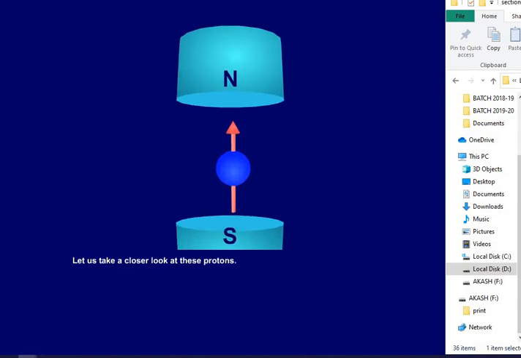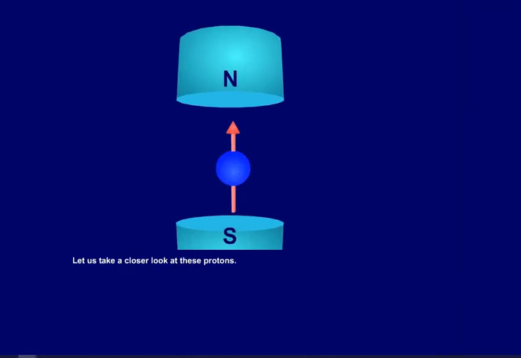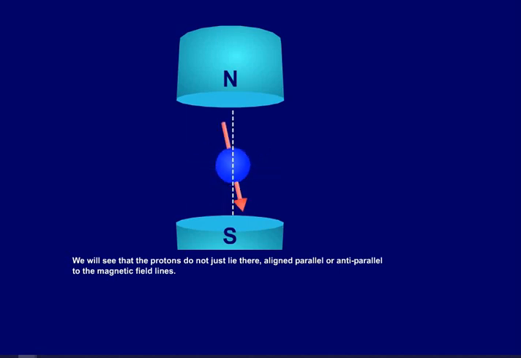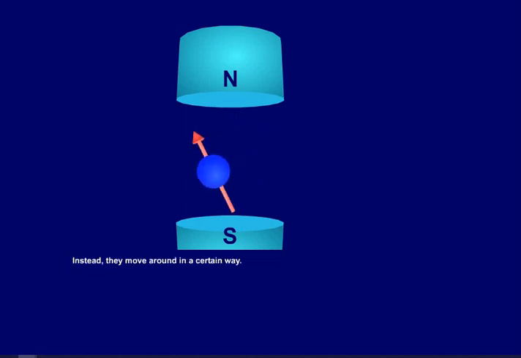Let's take a closer look at these protons. We'll see that the protons do not just lie there, aligned parallel or antiparallel to the magnetic field lines. Instead, they move around in a certain way. This type of movement is called precession. What type of movement is precession? Just imagine a spinning top.